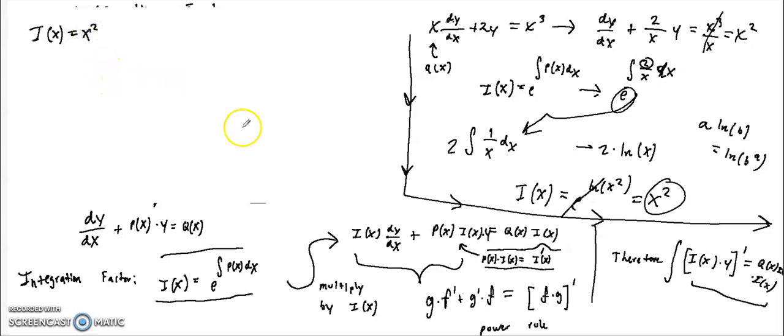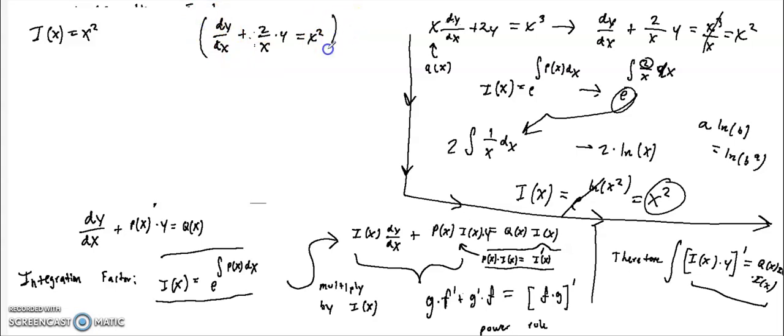And now we're at the point where we want to multiply it throughout the whole equation. And our equation is dy dx plus 2 over x times y equals x squared.